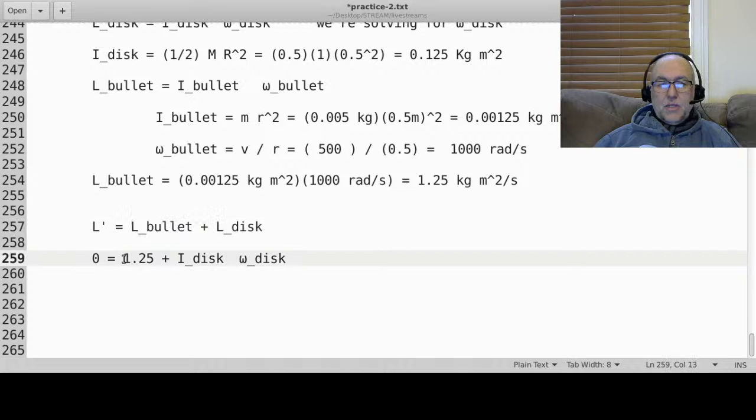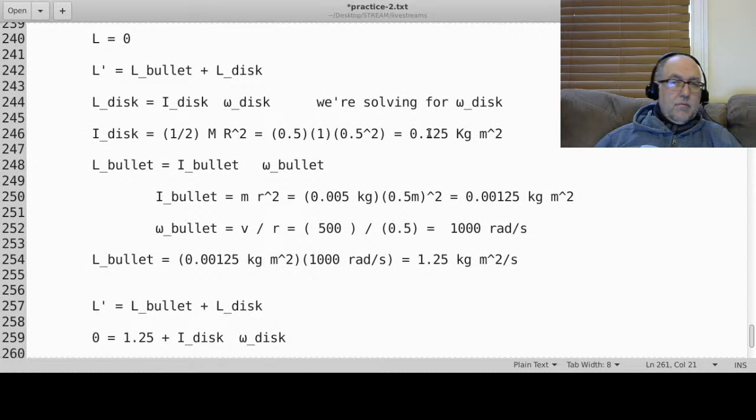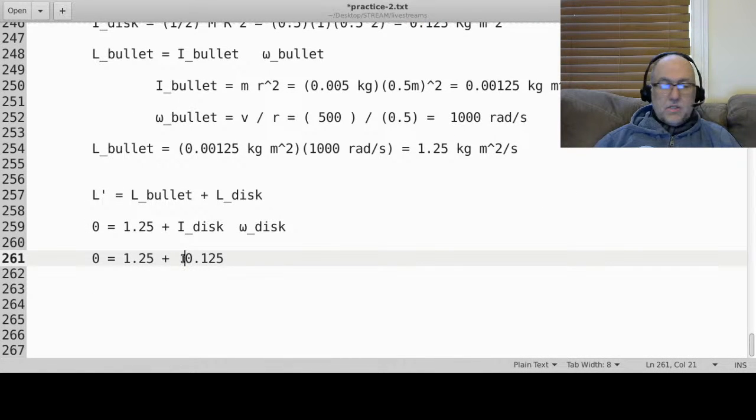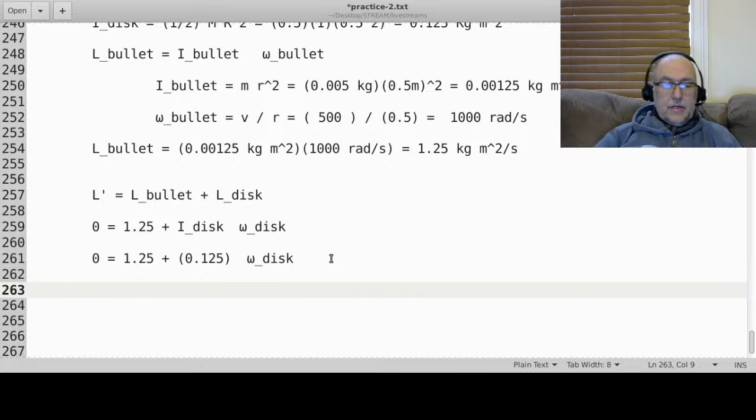Angular momentum of the bullet is 1.25. Angular momentum of the disk, well, we don't have that. We have the moment of inertia of the disk, and we're trying to find that. So 0 is equal to 1.25 plus the moment of inertia of the disk, which is this number right here. Oh, this turns out to be an interesting number. Multiplied by omega of the disk, and ta-da! Well, we bring it to the other side.